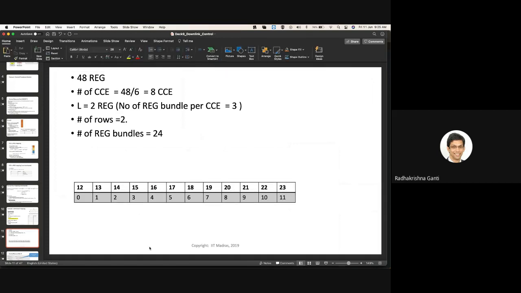Okay, so these are the indices of the REG bundles that I wrote.